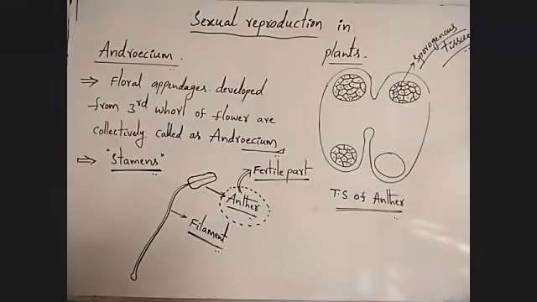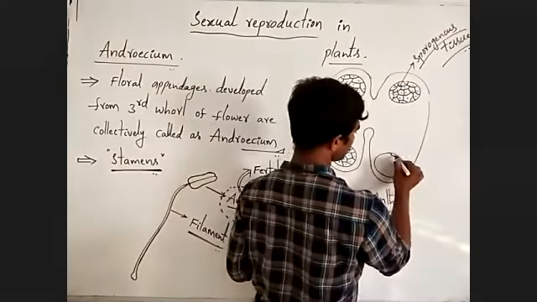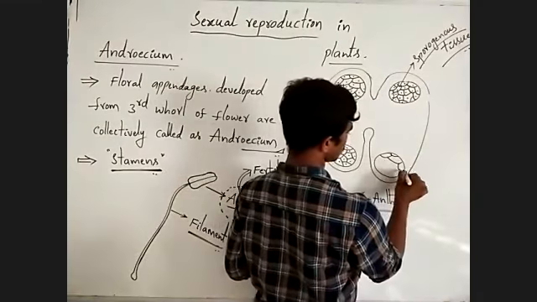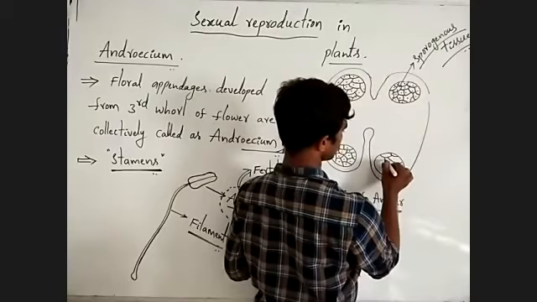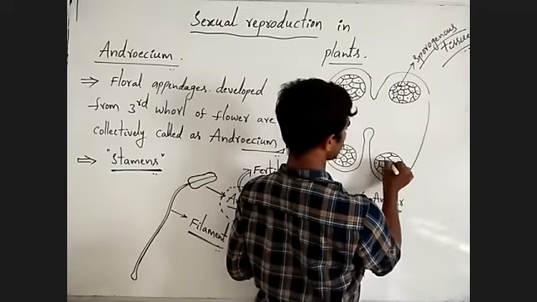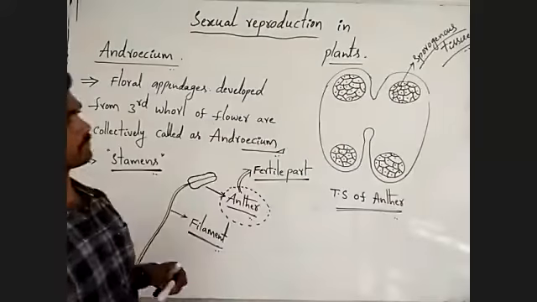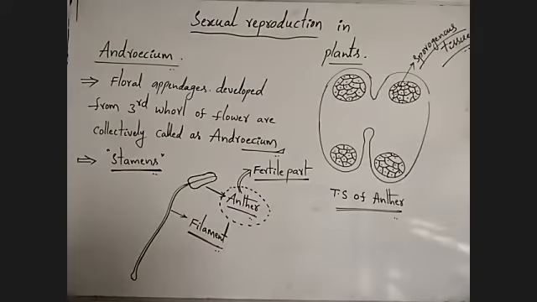What? Sporogenous tissue at each corner. Like this, at each corner, sporogenous tissue is present. Observe once.